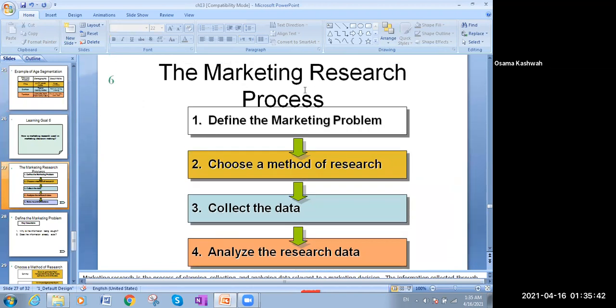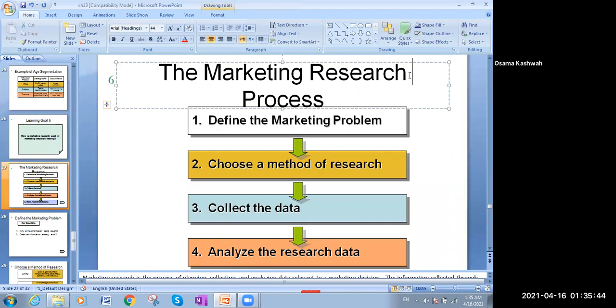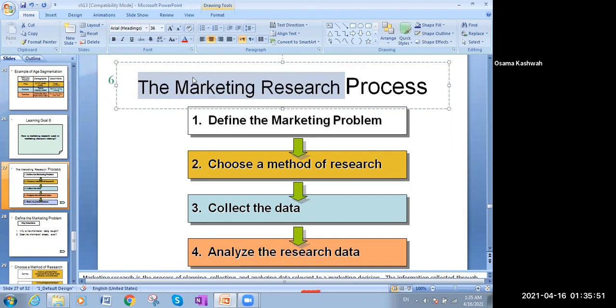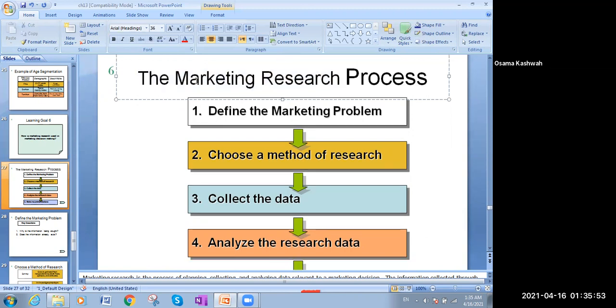Now, marketing research. Everybody of us knows very well that all the products we use are always developed by research and development. So just think about the cell phone in your hand.